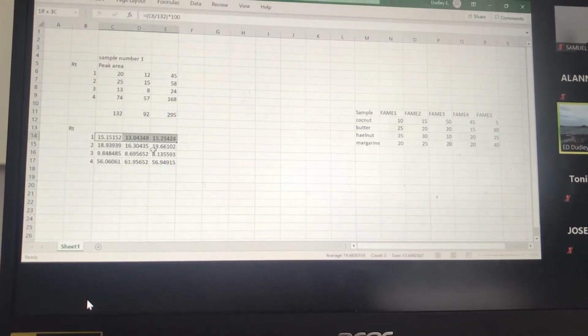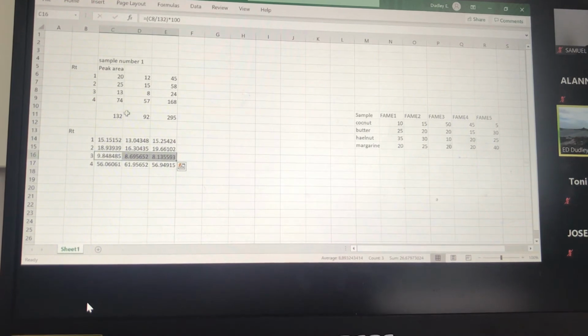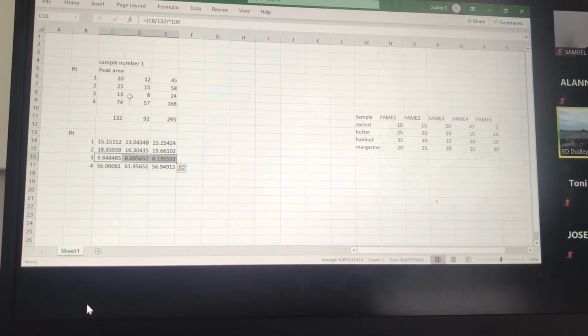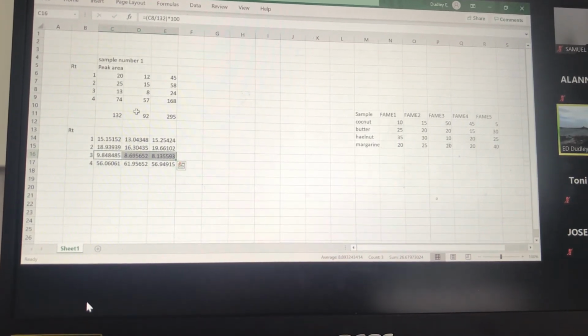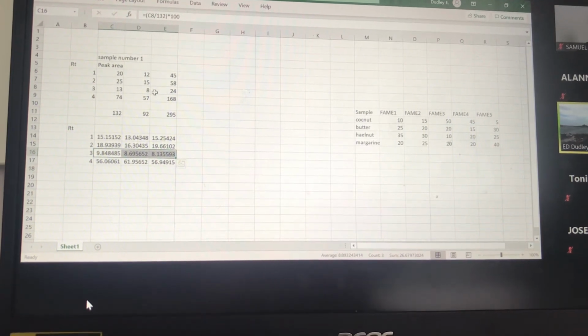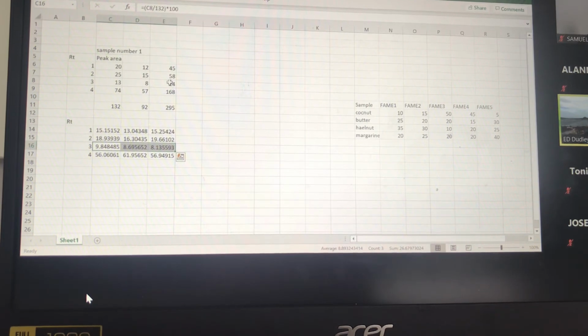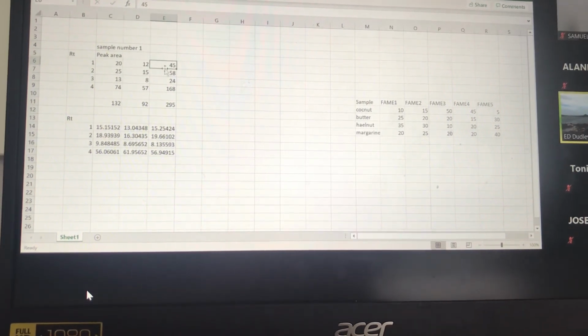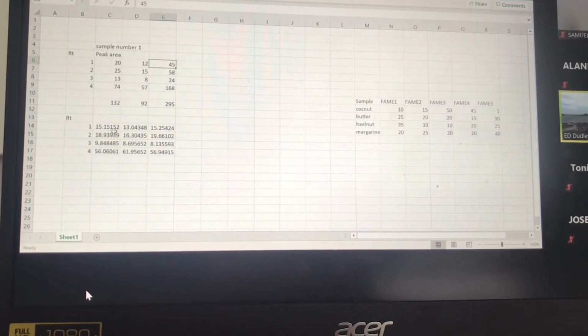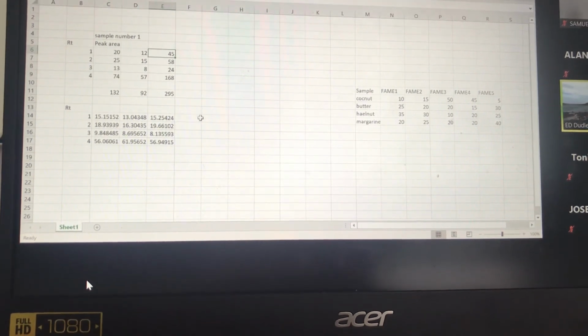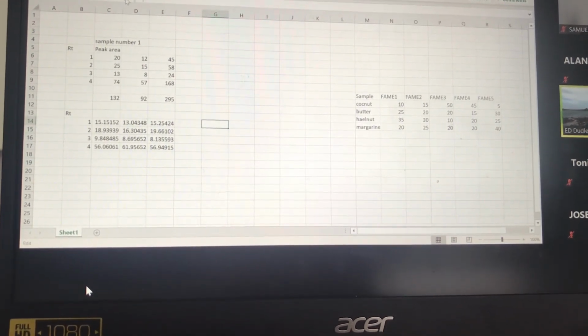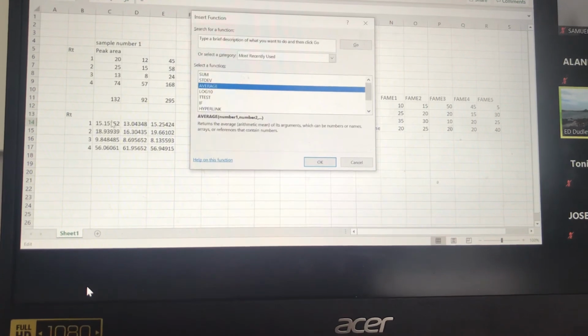Now, they're much more comparable because they've all been internally normalized to the total amount of fat. So it doesn't matter that we pulled out 3 times as much fat in this extraction as we did in this one. Because when we report the individual fats as a percentage of the total, it means you can compare them. Once we know that, we can then take the average of those 3.